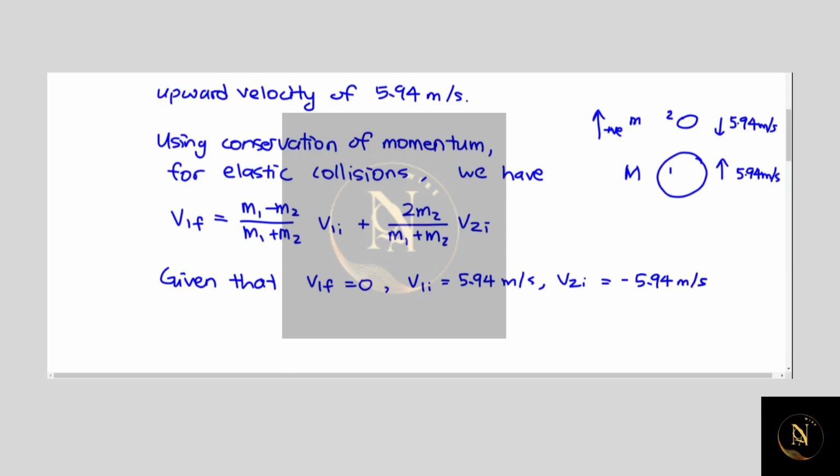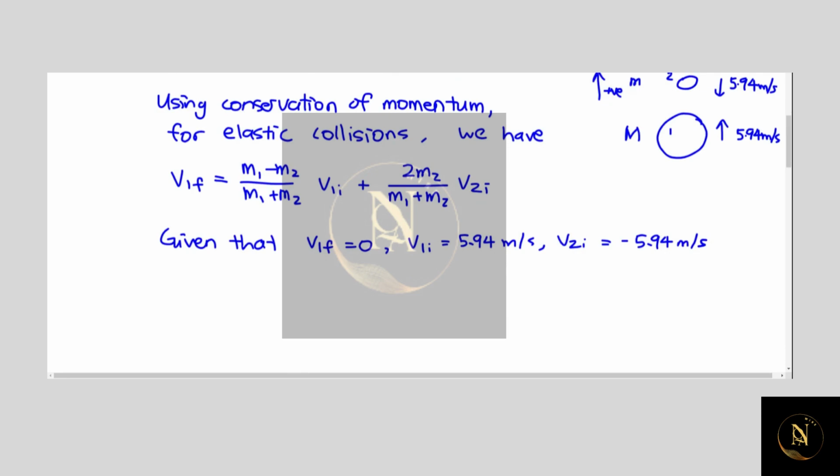Since the left-hand side is 0 and the denominators are the same, we only need to care about the numerator. So 0 equals (big M minus small m) times 5.94 minus 2 small m times 5.94. The 5.94 can be cancelled out.